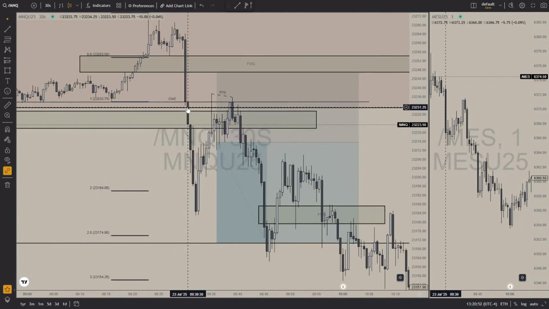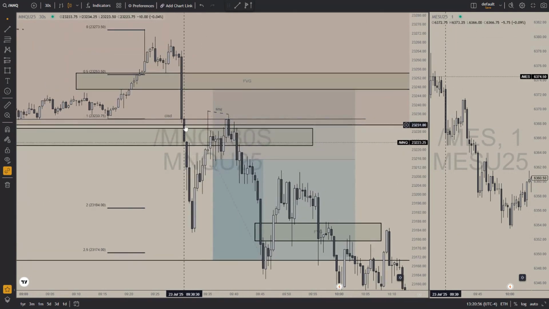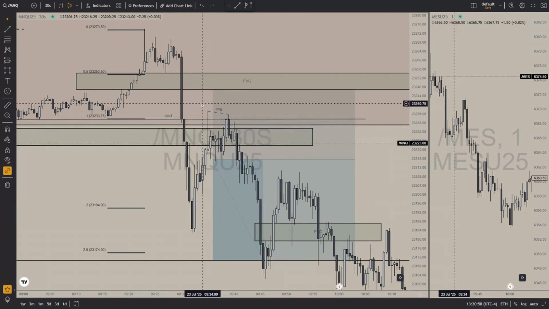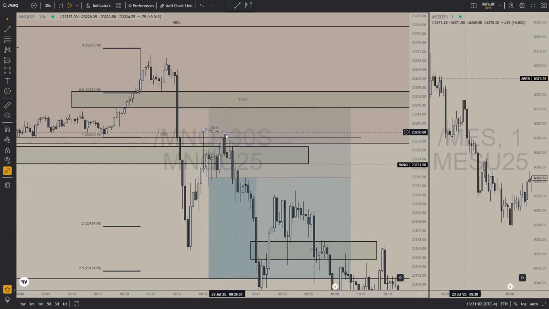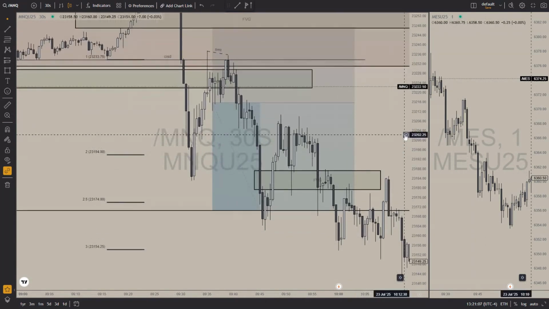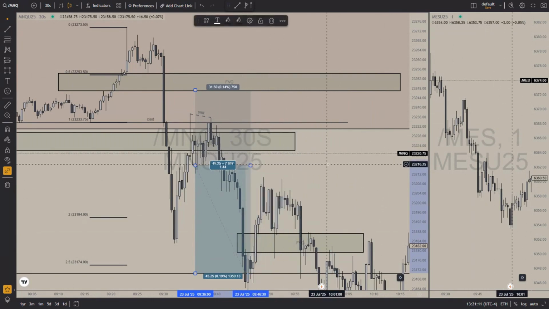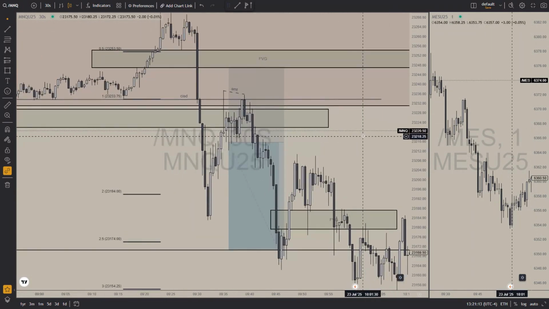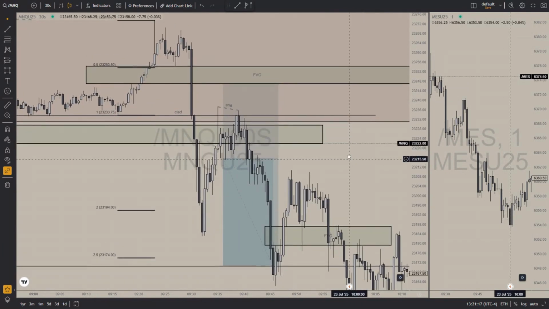Because look, we don't have any imbalances getting filled on the 30-second until here or until here, and these get extremely respected. So by putting in this high with this rejection, and we never take out this high, we actually put in an SMT. That's very bearish confluence to where I think the market is heading. And that's just more confirmation that we're continuing to move downwards.